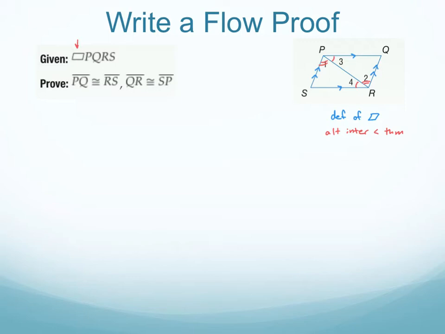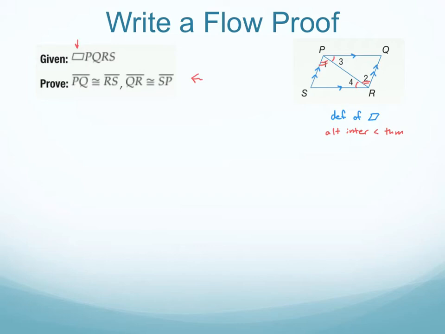Okay, now as I look at this picture for other information, I notice that first off I have two different triangles. And it would be really helpful for my proof, as I'm trying to prove pieces of this figure congruent, if those pieces were in congruent triangles, because then due to CPCTC, I could say those pieces were congruent. Okay, so that's the direction I'm going to go. I'm going to look at my picture and see if I can prove these two triangles congruent.